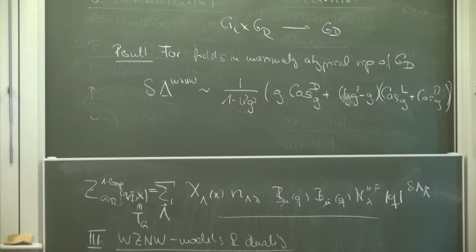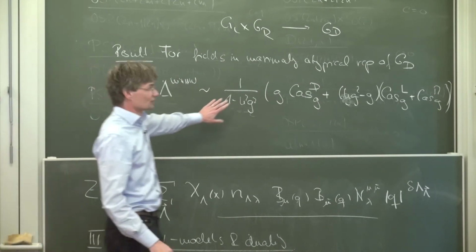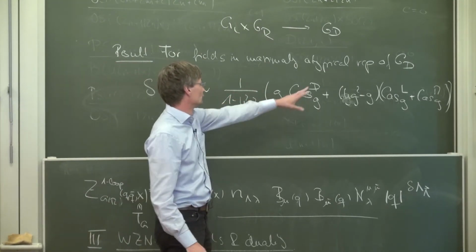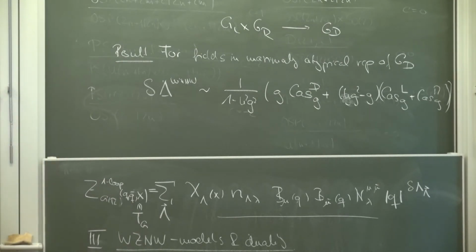K is the level of the Wess-Zumino model. So this is general. If you just apply it to this model that we have here, you set K equal to 1, and then this formula applies. Okay, so this is the second result.